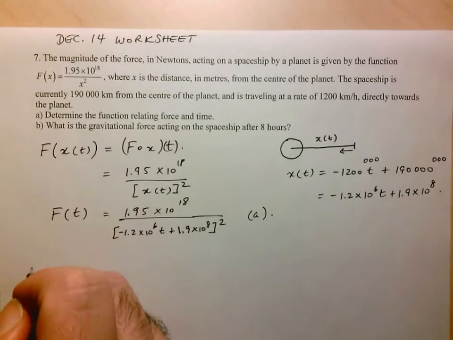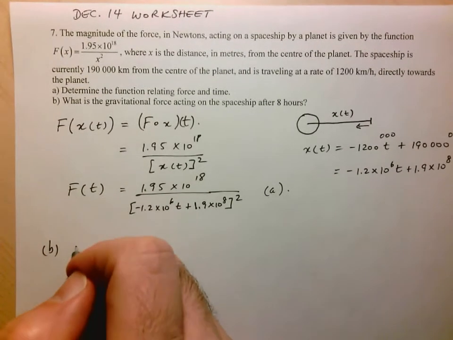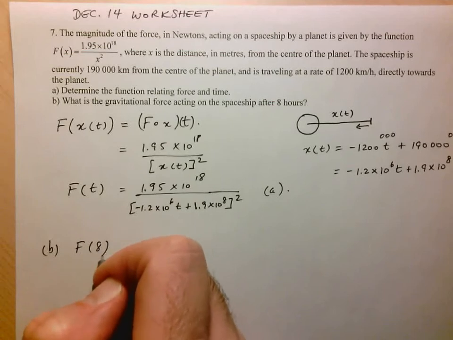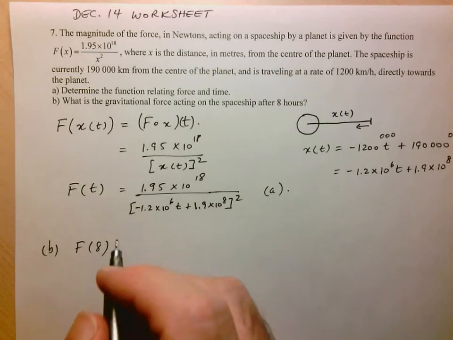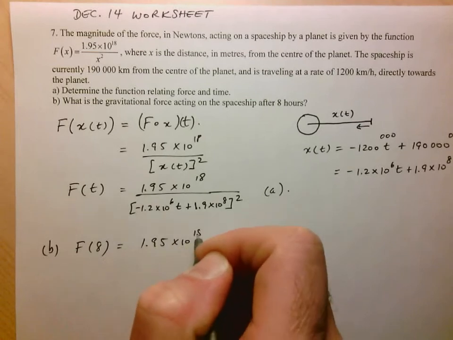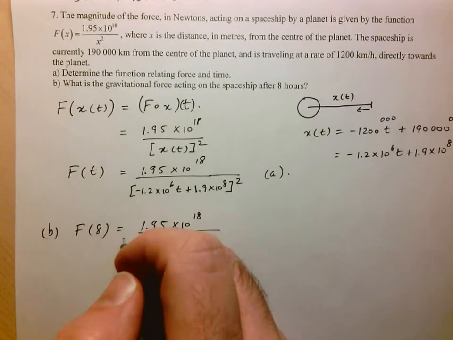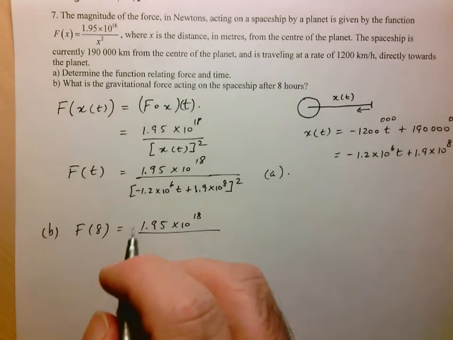Now in B, they're just asking us to determine the force at a particular time, and so what I'm going to be looking for is the force at 8 hours. The reason why I'm writing this out is essentially what I always tell you folks: if you just stick something into your calculator and give me an answer and you don't specify what you're doing and you happen to make a little mistake, then I can't give you any marks for that.